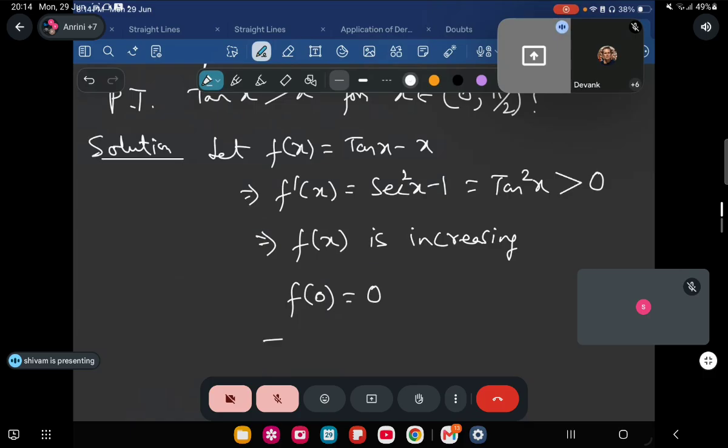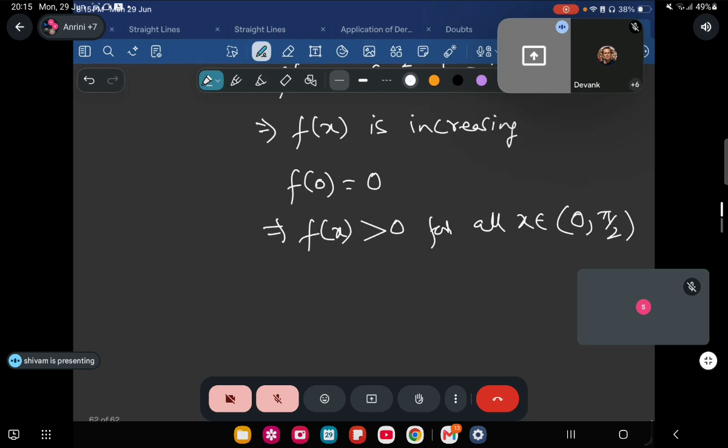And since f of x is increasing, this implies f of x is greater than 0 for all x belongs to 0 comma pi by 2. Right, tell me. This implies tan x minus x must be greater than 0. This implies tan x is greater than x.